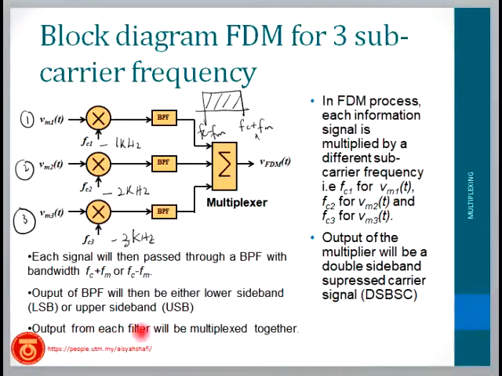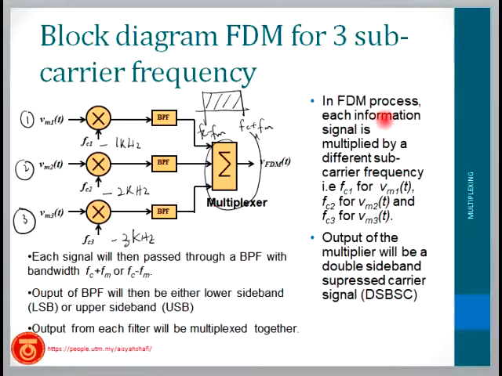The output from each filter will be multiplexed together. The first, second and third signals go through the bandpass filter, and then they are multiplexed together to get the FDM signal.